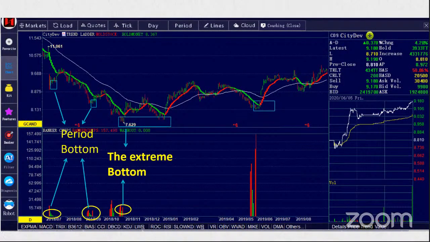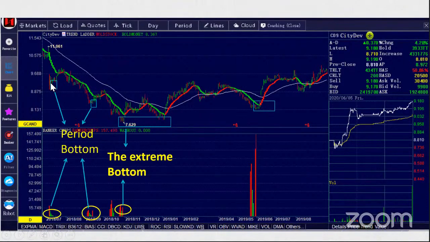It's a bit similar to the trend expert, but not completely the same. Still some difference between trend ladder and trend expert, but trend ladder is a very effective, very useful trend indicator in the real-time chart. And you see here, trend ladder in the first window, second window, this is the banker chips, right?